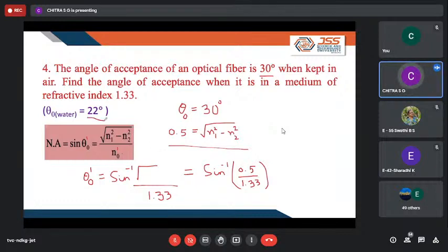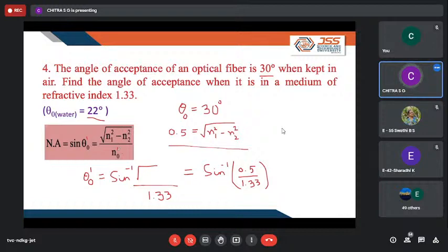First, here they have not given n1 and n2. So you have to take the general expression: sine theta naught is equal to square root of n1 square minus n2 square divided by n naught. When the fiber is in air, theta naught is given, so put sine theta naught. Sine 30 degrees is half, so half will be equal to square root of n1 square minus n2 square, because since the fiber is in air, n naught will be equal to 1. Similarly, for water, I'll write sine theta naught dash, or in the suffix you can write water, with the same equation.